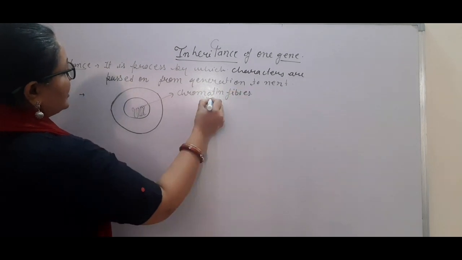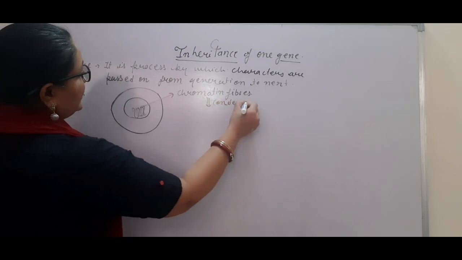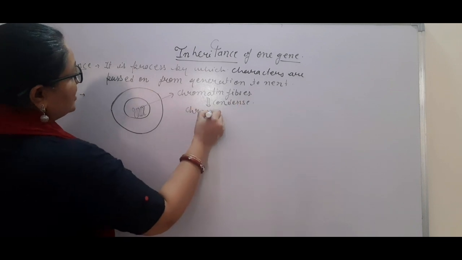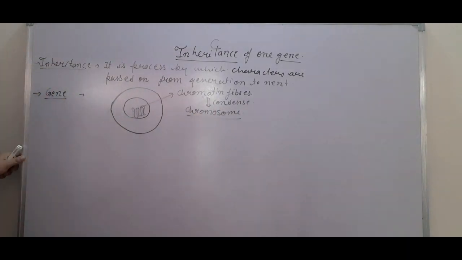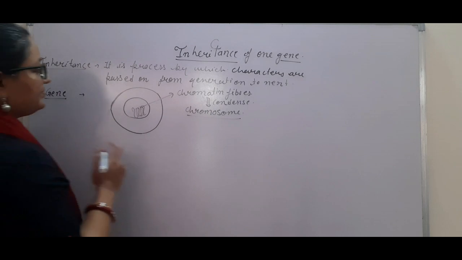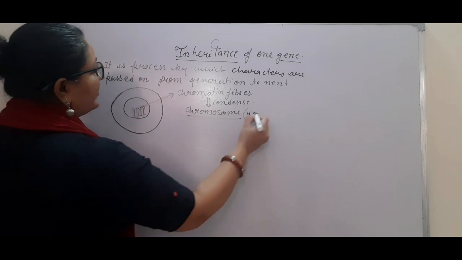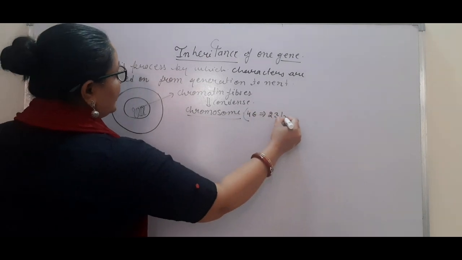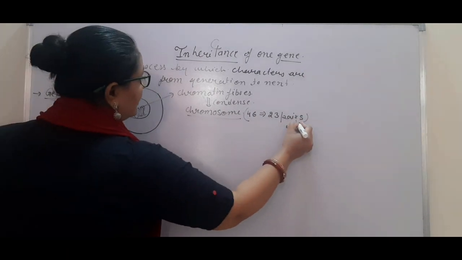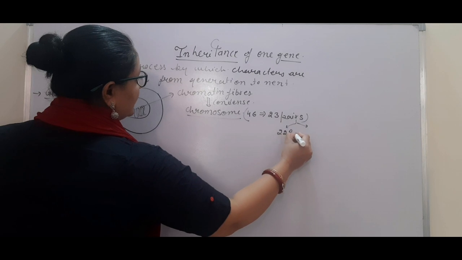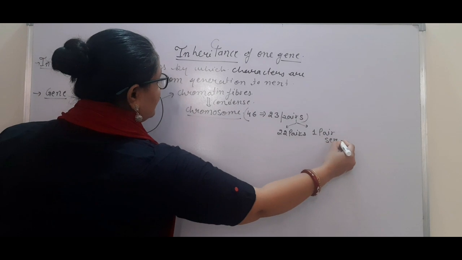These chromatin fibers get condensed during cell division, and they are known as chromosomes. They become short and thick and visible. In the human body, there are 46 chromosomes, or we can say 23 pairs of chromosomes. Of the 23 pairs, 22 pairs are autosomes, whereas only one pair is the sex chromosome.